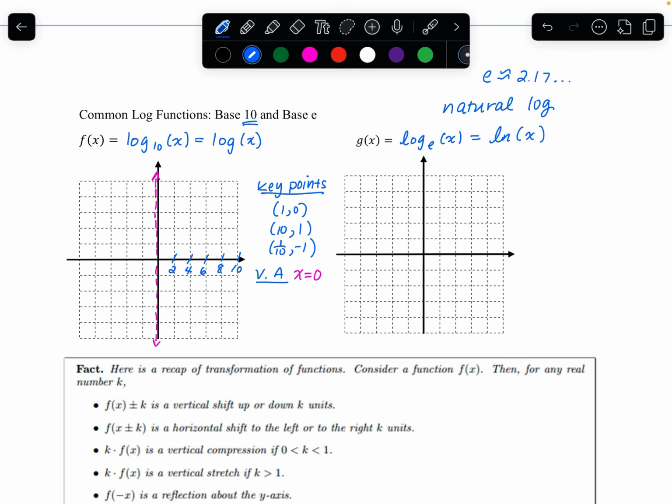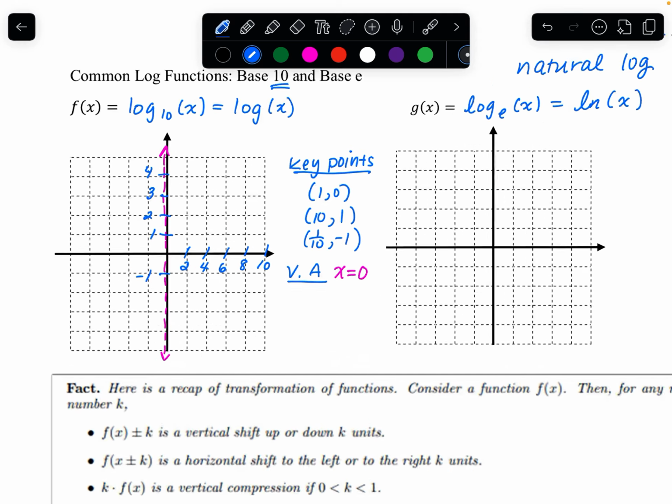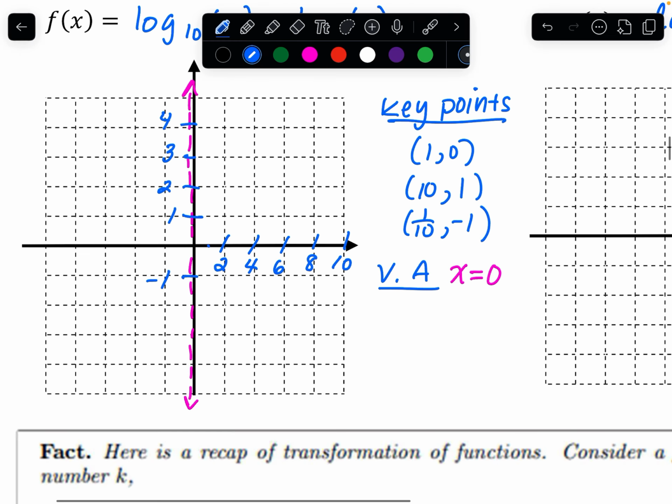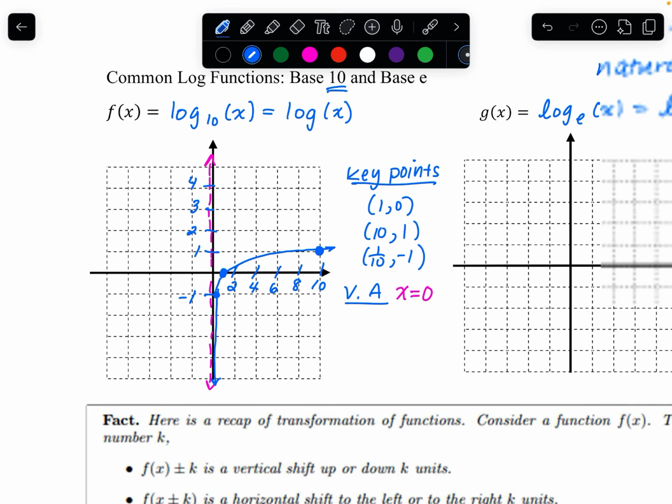I think I'm going to keep this scale 1, 2, 3, 4. Negative 1 down here. Let's label some stuff now. So (1, 0), I'm going to zoom in just a little bit because (1, 0) is going to be right here in the middle. (10, 1), (1/10, -1), just super close to that axis. Connect, don't cross the vertical asymptote.